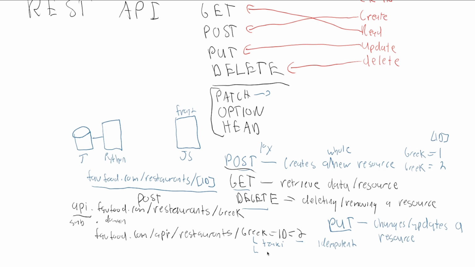I'm blanking here. Anyways, there could be other attributes with the Greek food, and I just want to change this to tzatziki sauce because I misspelled it here. I can send a patch request, and that'll just update that little attribute or sub-object or nested object in this object, Greek, okay? So now let's clear this off again, and let's go over security.